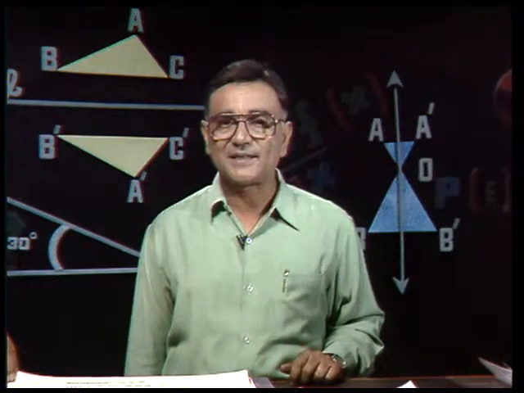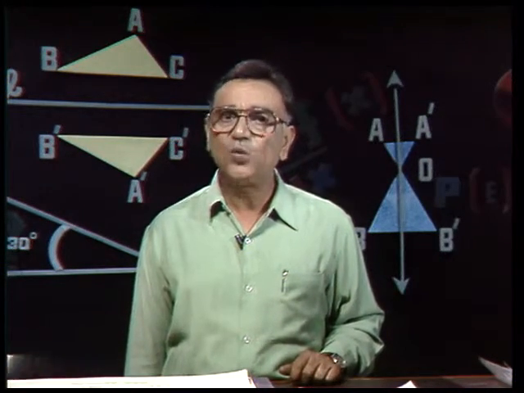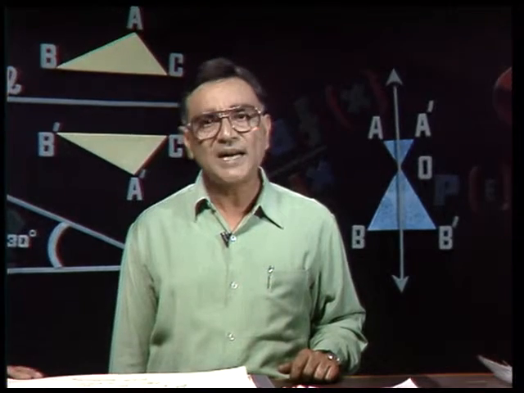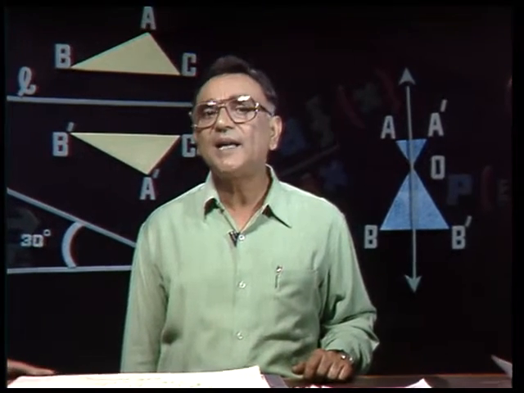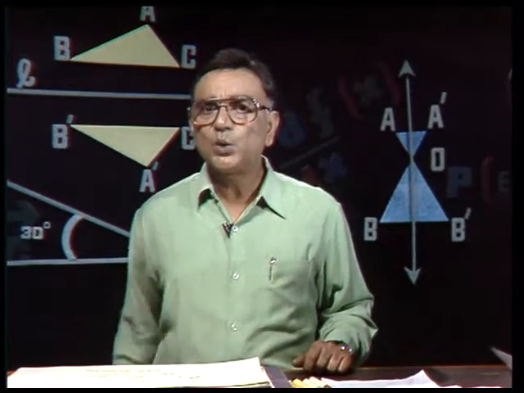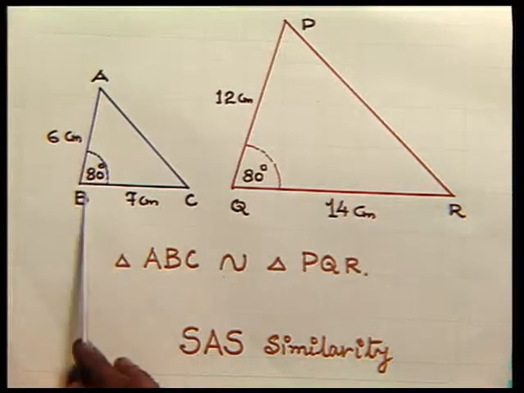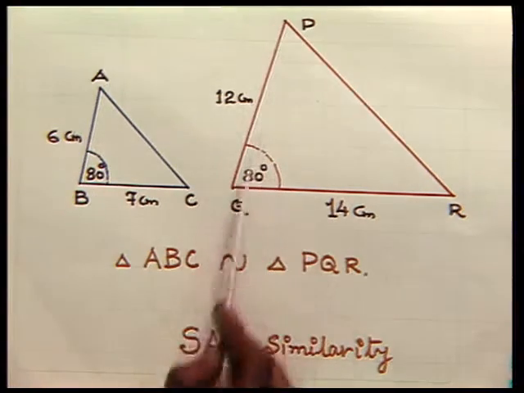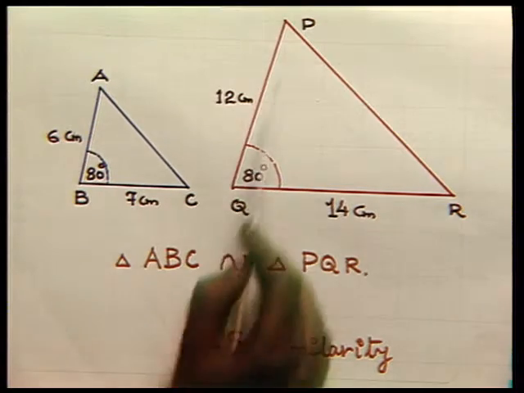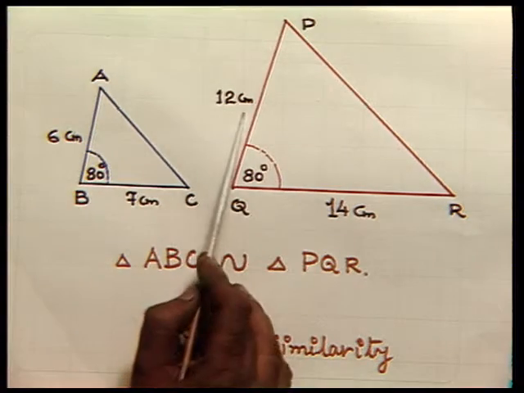Now, besides these, there is another case when we say two triangles are similar. In that case, two sides are proportional and the angle included between these two sides is equal. Here we have triangles ABC and PQR. Side AB to side PQ is 1:2.